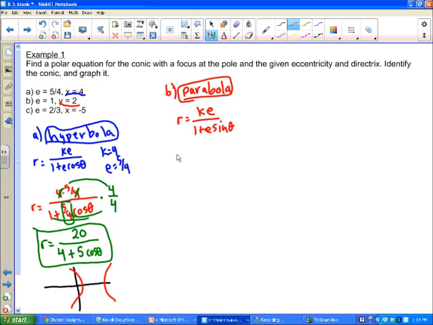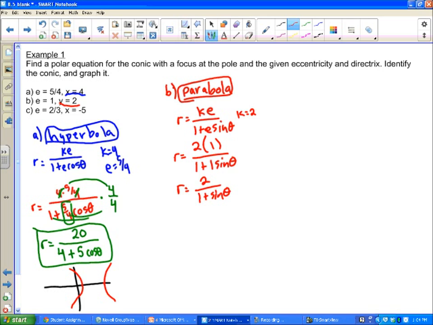So let's fill in. k is 2 because y equals 2. So r equals 2 times e, which is 1, over 1 plus e, which is 1, sine theta. So this is going to be r equals 2 over 1 plus sine theta.